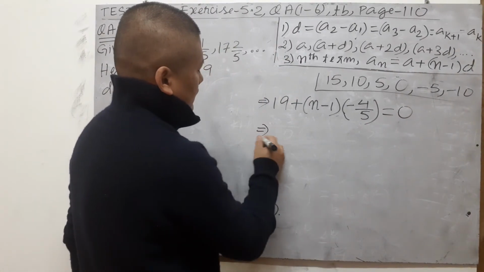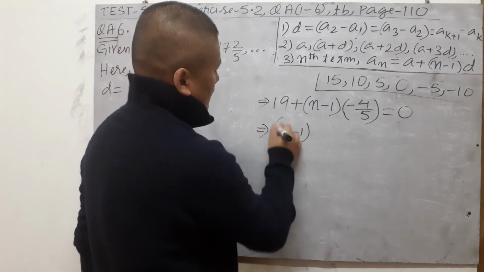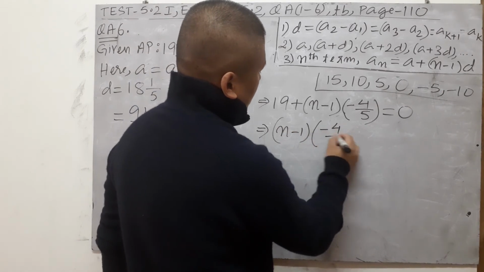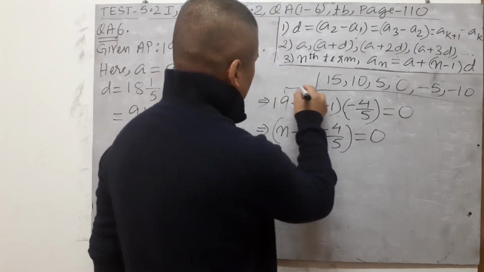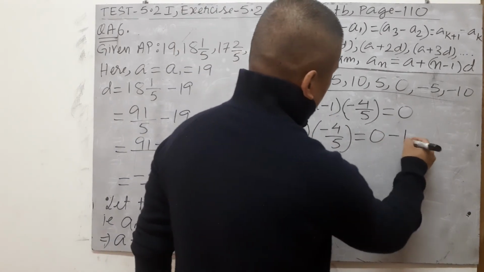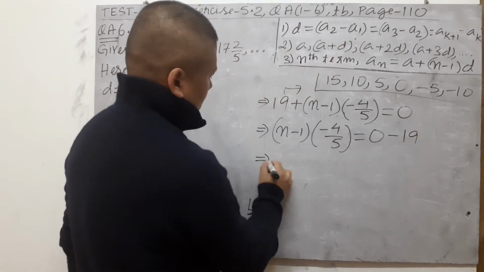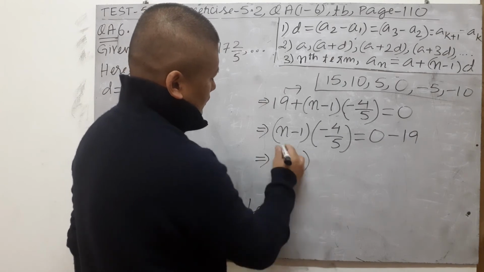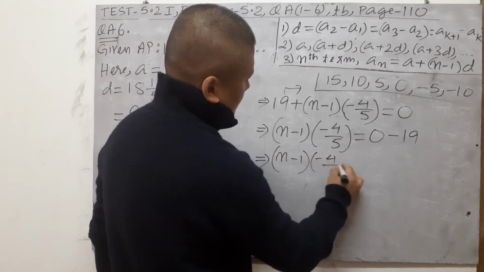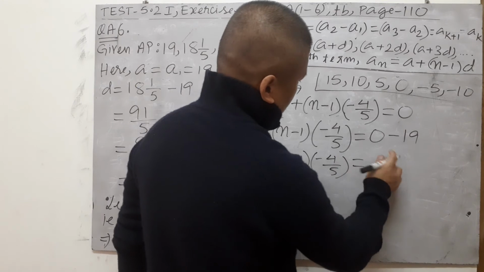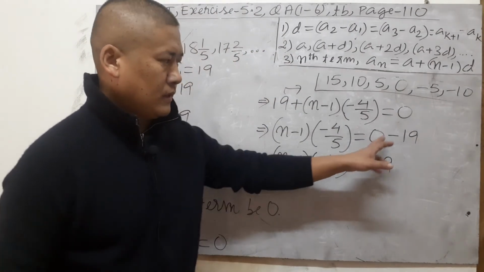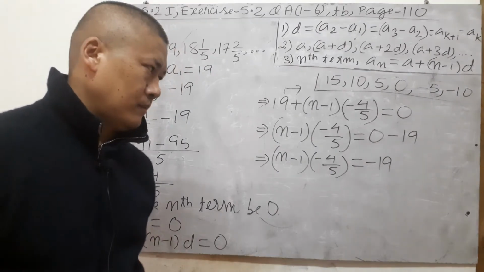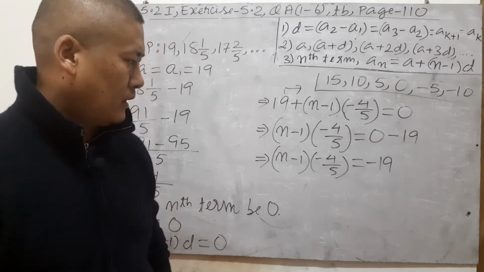So let us just write this one, n minus 1 into minus 4 by 5, equal to 0, and shift this to the right side, and plus 19 becomes minus 19. So n minus 1 into minus 4 by 5 is simply equal to 0 minus 19, which is minus 19. 0 will not affect whatever number is already there.